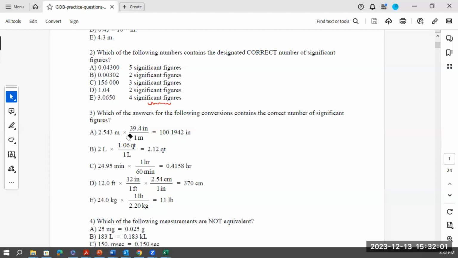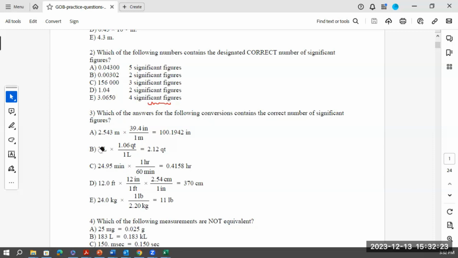But we want the least number of sig figs, right? So that first one is a conversion. 1 meter is equal to 39.4 inches. That would be conversion, right? So we don't have to worry about that. But we take a look at what we're starting off with. So how many sig figs do we have there? We have 4. So our answer should end up with 4 sig figs.